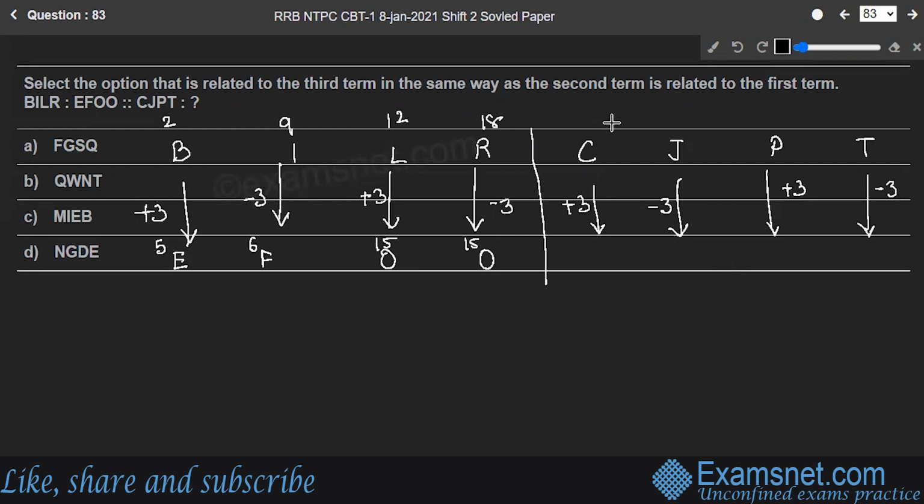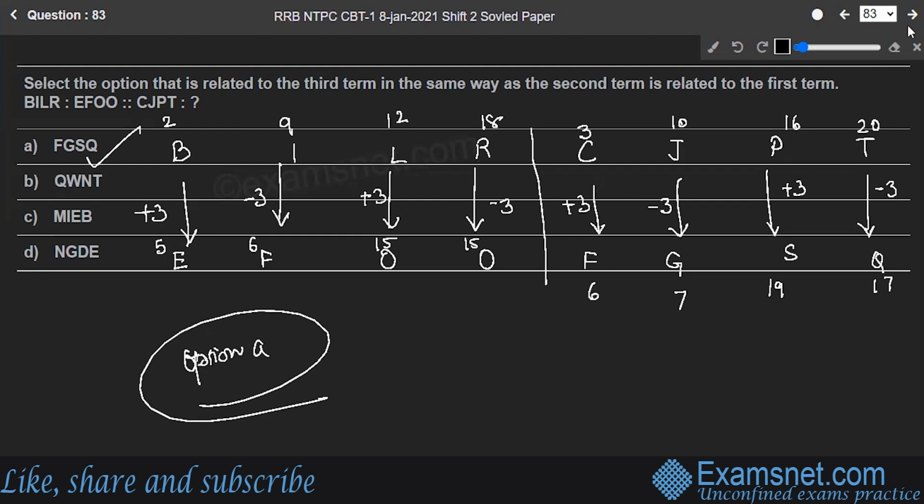C is at position 3, J is at 10, P is at 16, and T is at 20. So 3 plus 3 is 6, 7, 19, 17. Right? So 6th position is for F, G, S, Q. F, G, S, Q is option A, and this is the answer.